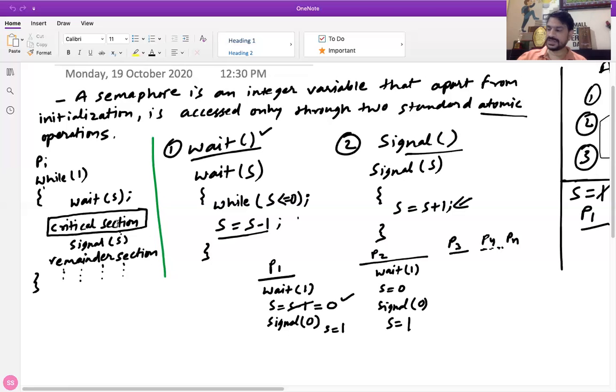Let's see the significance of the value of s with the help of one example, where we see what happens when we allow more than one process into the critical section, and what happens when we allow only one process to be in the critical section.